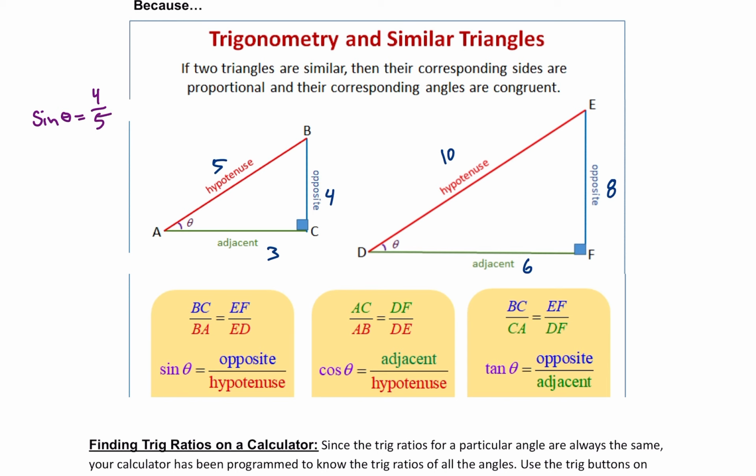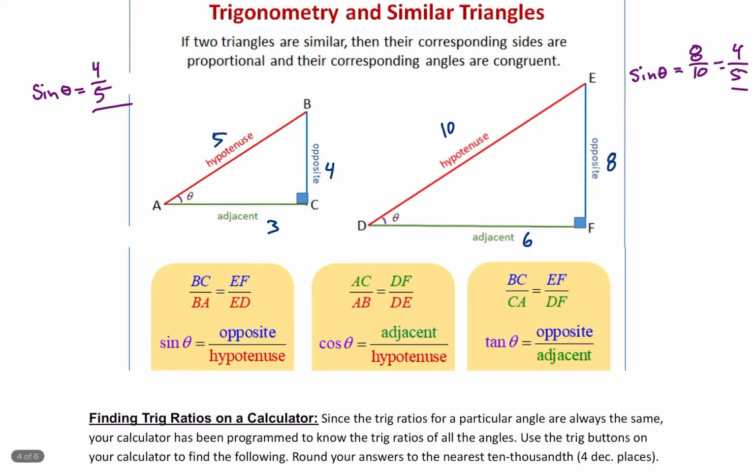Then if I took the sine of the big triangle, it's still opposite over hypotenuse, so we'd have 8 over 10. 8 over 10 does simplify down to 4 over 5, which is the same thing that we got for the small triangle. So it doesn't matter which trig function we use, sine, cosine, or tangent. If they're similar triangles, they're always going to have the same ratio for the angle.